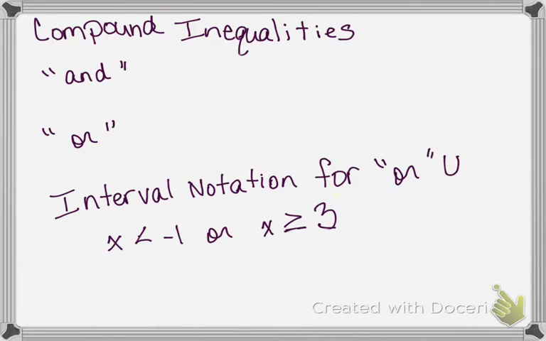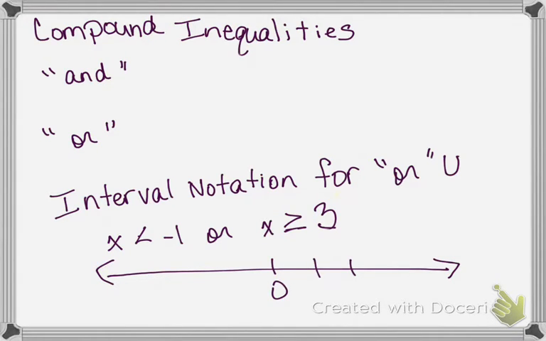So what I'm going to do right now is draw a number line. Here's my number line. Okay, there's my number line. So I am going to graph x is less than -1 on my number line. And I'm going to have a parenthesis because it's just less than. It's less than -1.